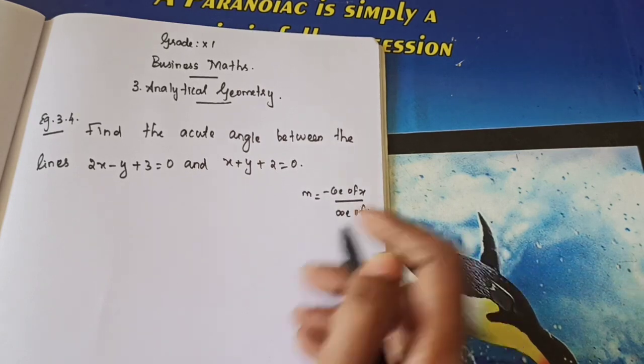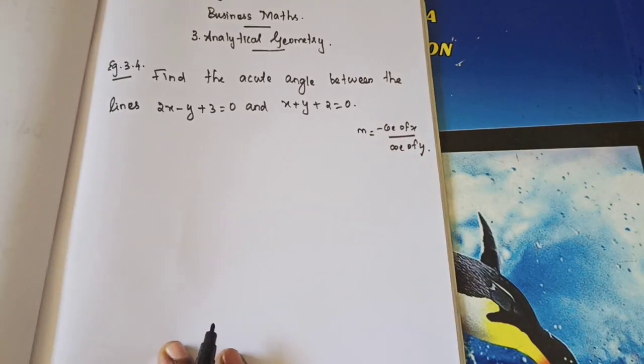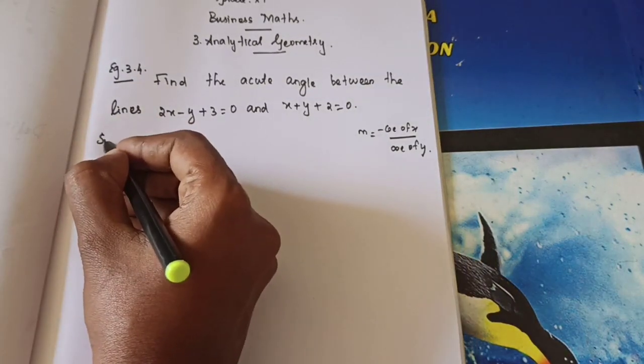In 10th standard, in the coordinate geometry chapter, you have learned this. Okay, so the same thing we are going to use here. Here they gave two equations. From the first equation take the slope as m1, and from the second equation take the slope as m2. After finding m1 and m2, if you substitute in the tan theta formula you will get the answer. Understand, students? Okay, so let us consider.